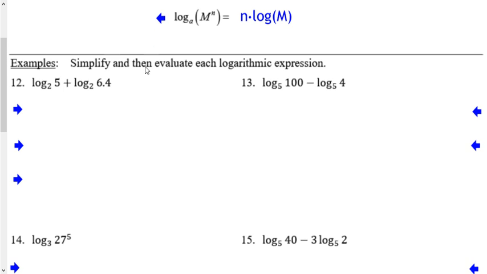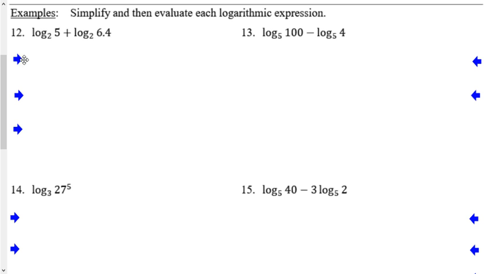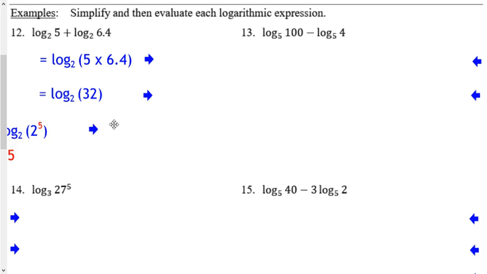So this 5 and the 6.4, I can multiply together. When I do that multiplication, I get a 32, which is a power base 2, and I can rewrite that as a power base 2. I get 2 to the 5th. My logarithm tells me the value of the exponent, which is 5.